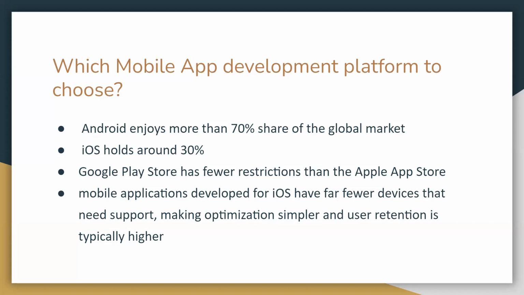So this makes optimization simpler, and user retention is typically higher. When we say user retention, it means people coming to use your application is going to be higher because the ecosystem is very tight, and so they will go back to your application. It's very predictable that they will come back to your application again than on an Android application.